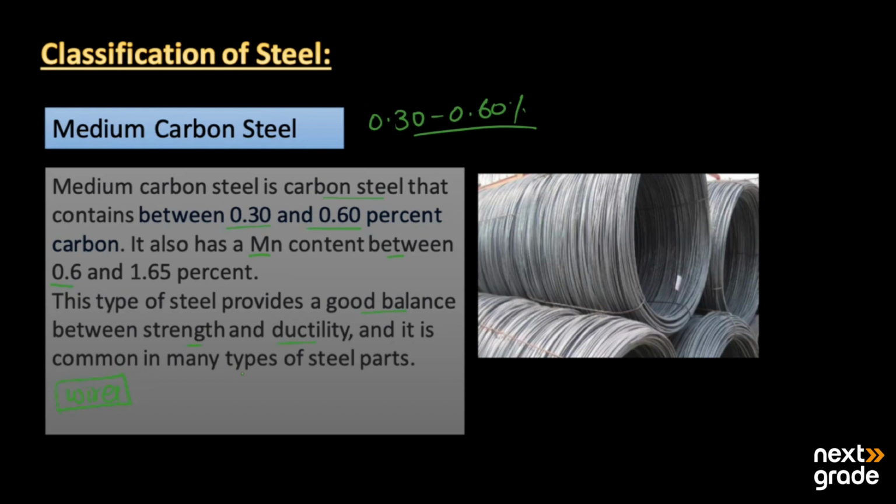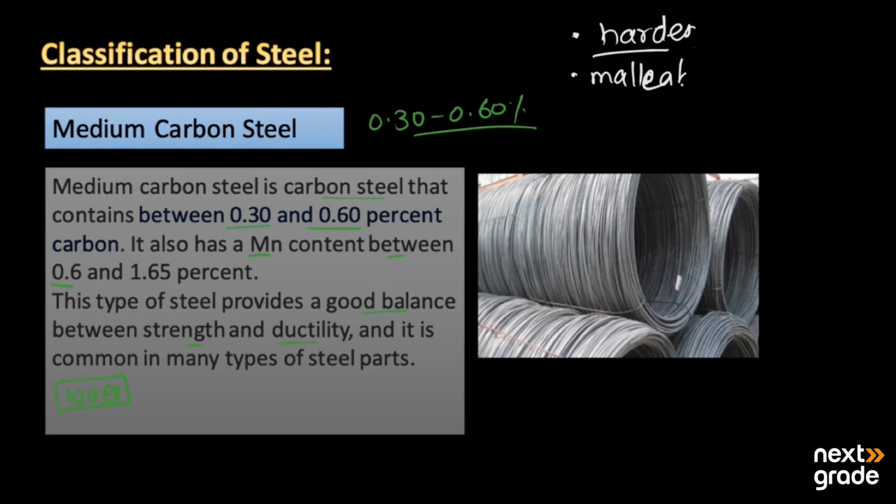And it is common in many types of steel parts as well. If we compare the medium carbon steel with the mild steel, the medium carbon steel is harder than the mild steel. On the other hand, it is highly malleable.